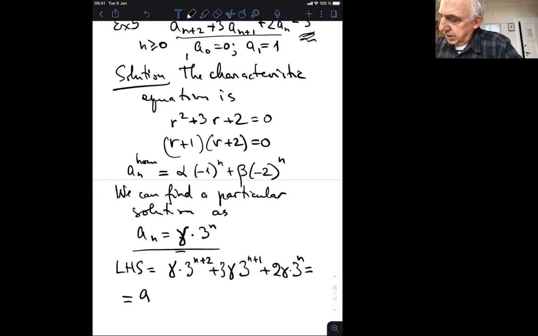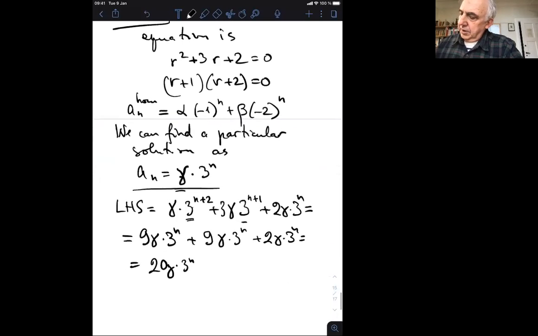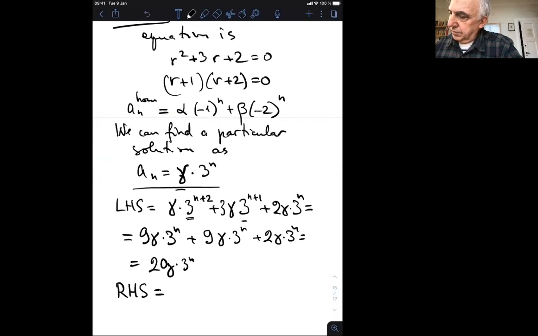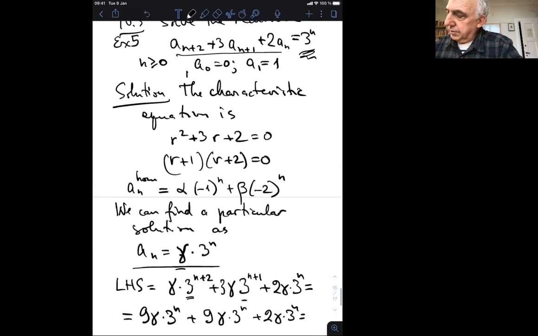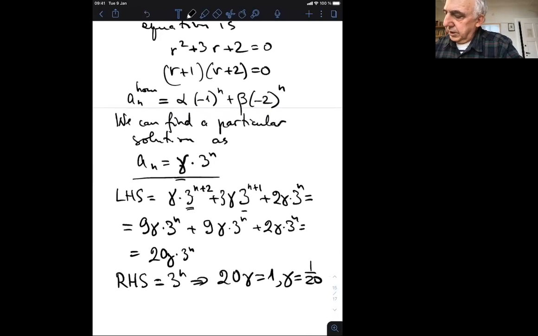So I want to get 9 gamma 3 to the power n, I'm taking away power 2 here, plus I'm taking away 1 power here, again 9 gamma 3 to the power n, and finally plus 2 gamma 3 to the power n. So the whole would be 20 gamma 3 to the power n. Now the right-hand side, as before, was 3 to the power n. So we get 20 gamma equals 1, gamma equals 1 divided by 20.